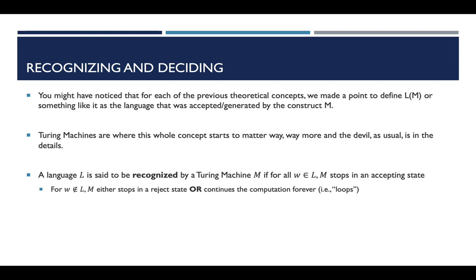A language is said to be recognized by a Turing machine M if, for any string in that language, the machine stops at an accepting state if the string is in L. But if the string is not in L, it either stops in a rejecting state, or it stalls in a not rejecting and not accepting state, or the computation never ends.